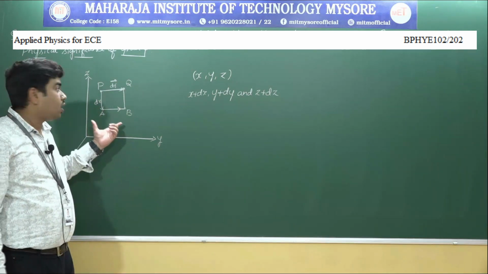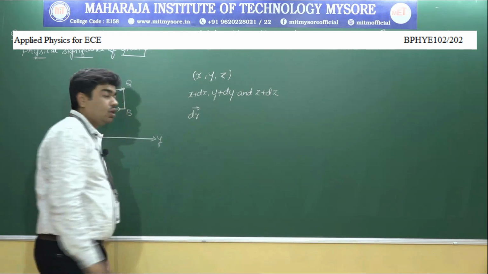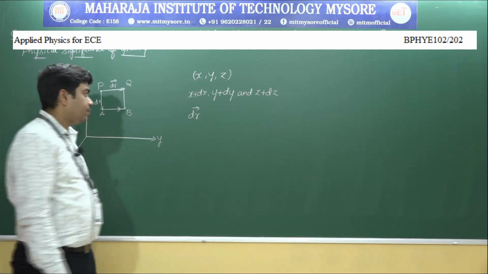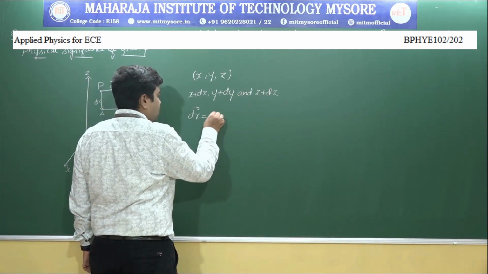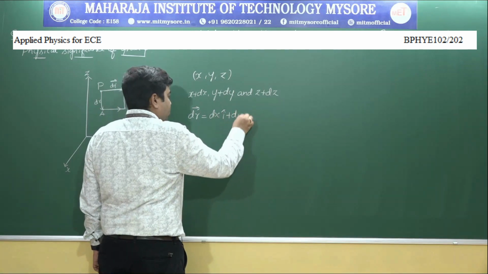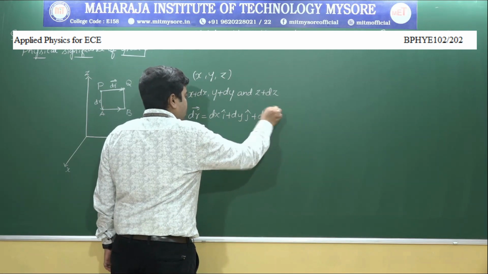Now, let a vector dr be joining the points P and Q, given by dr is equal to dx into i cap plus dy into j cap plus dz into k cap.